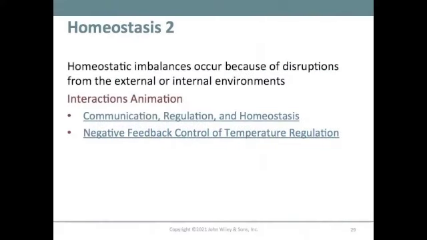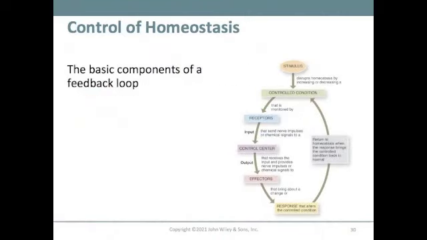Control of homeostasis. Homeostatic imbalances occur because of disruption from the external or internal environments. Interactions, you can click on these links and then you can see this animation that shows the internal and external environments. So here's the basic components of a feedback loop. The feedback loop is very important to homeostasis, and there's two kinds of feedback loops.